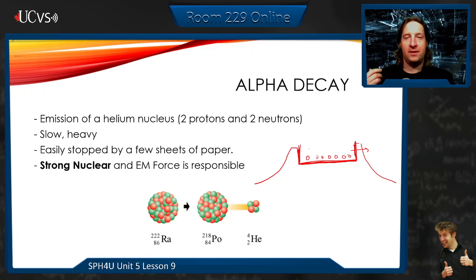Now, in this quantum well here, there is a finite probability that protons or neutrons could actually be on the other side. And once they get to here, whoop, the electrostatic potential will push them away. It's not very likely that a proton by itself, or a neutron by itself, will just magically jump out.